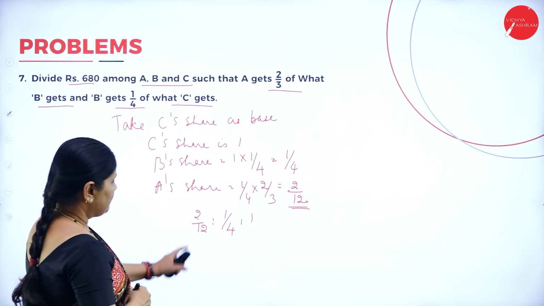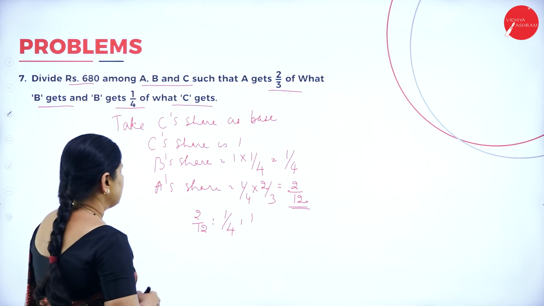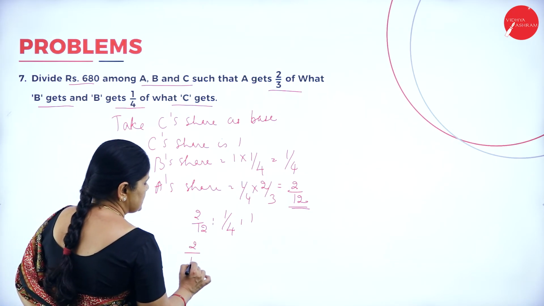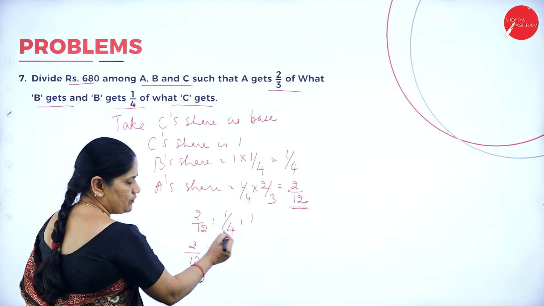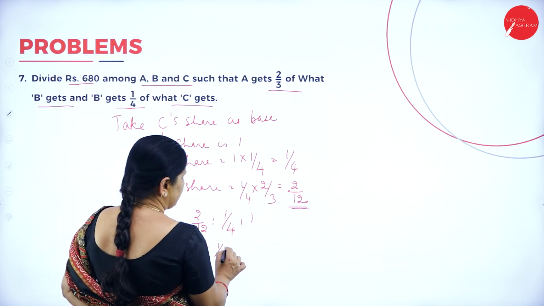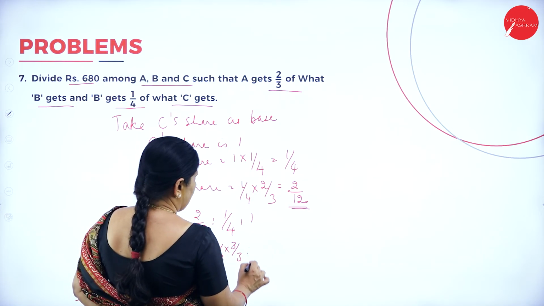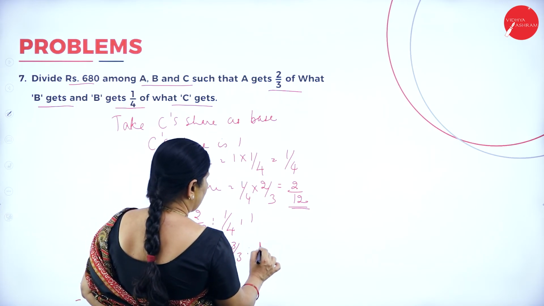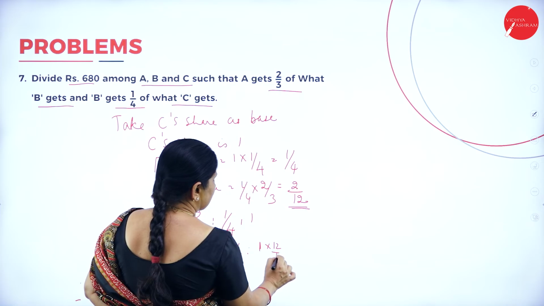Now, when I bring all the ratios equally, I will write it as 2/12. Now, 4, if I have to make it into 12, it will be 1/4 into 3/3 and 1/1 into 12/12.